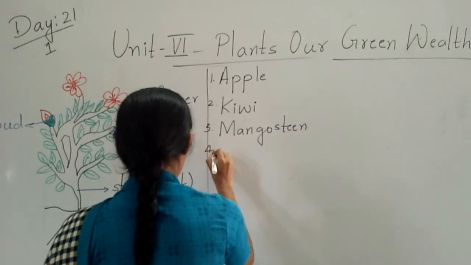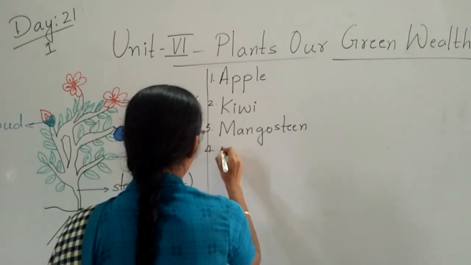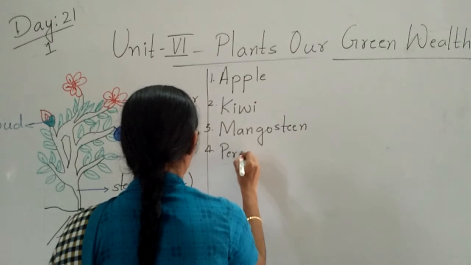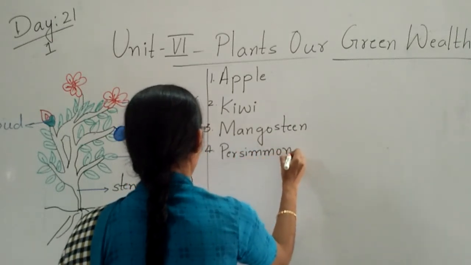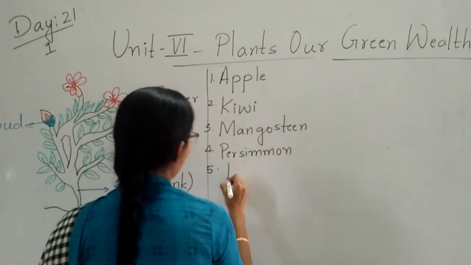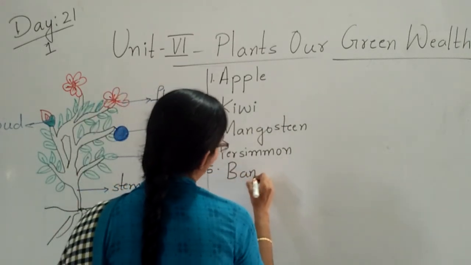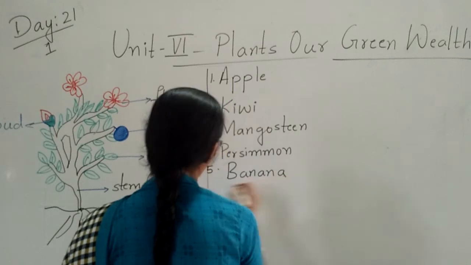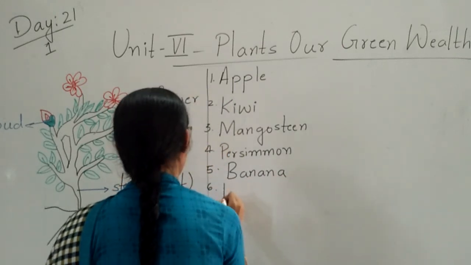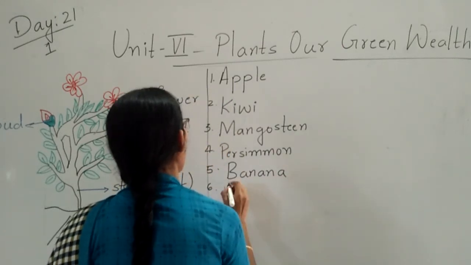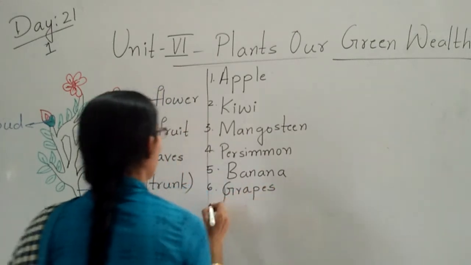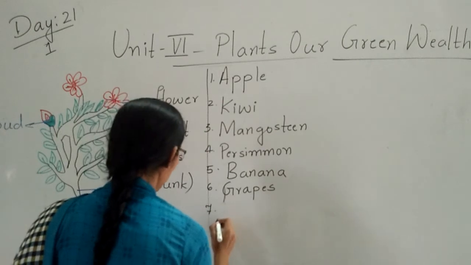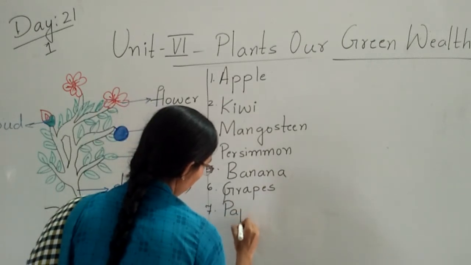Then fourth is persimmon. Then fifth is banana. Sixth one is grapes. Then seventh one is papaya.